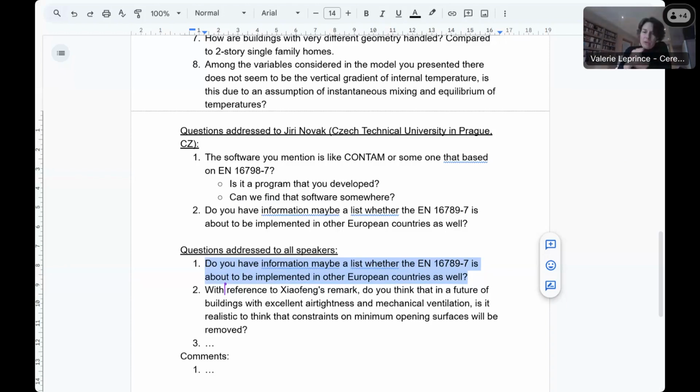So to answer this question, every country is supposed to take it into account, but most of them use method 2, which is a simplified calculation. And I have no idea which countries want to move to the detailed calculation and the mass balance equation. This, unfortunately, I don't know.